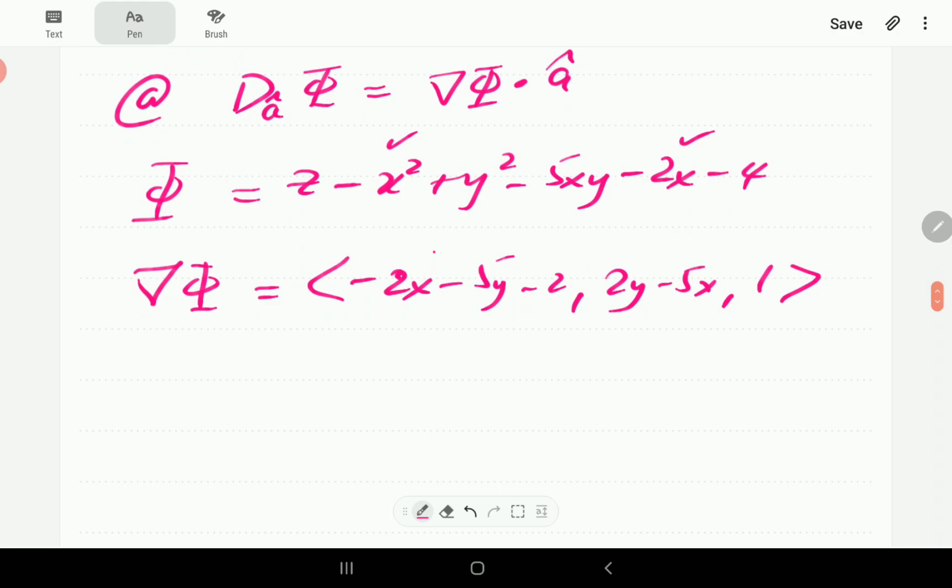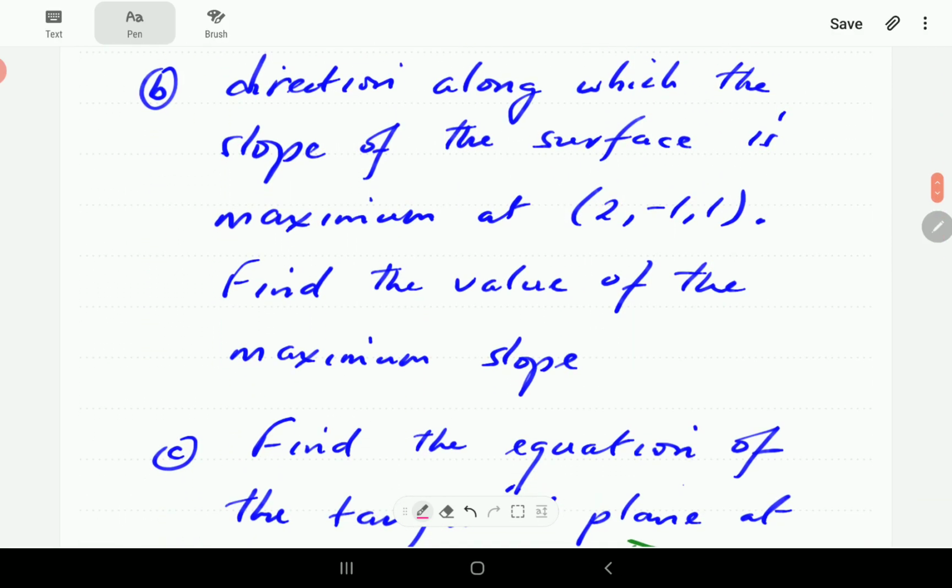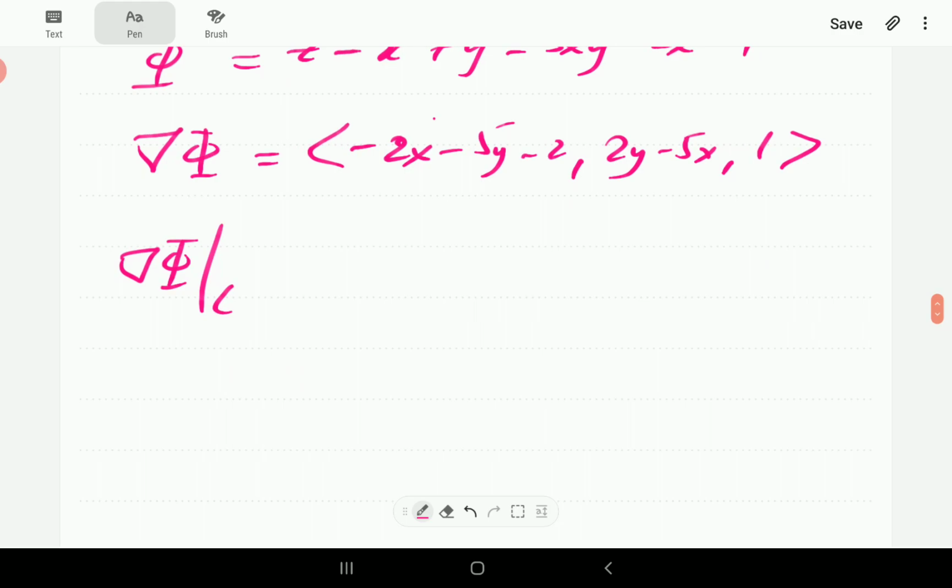Then we want to evaluate this at the particular given point, which is (2, -1, 1). If you plug in x is 2, y is -1, and z is 1, then this component is going to give us negative 4.